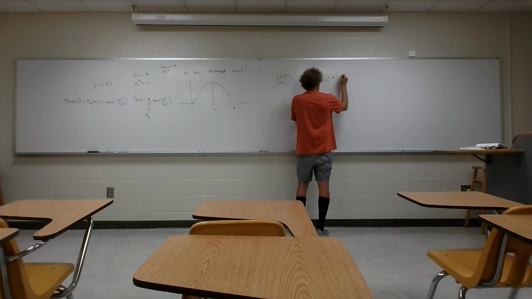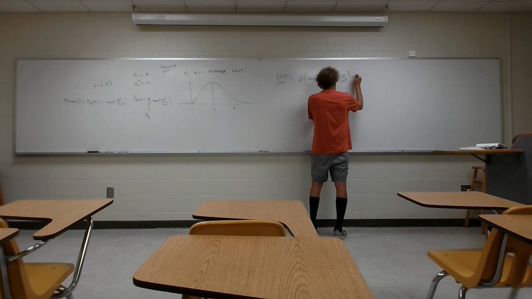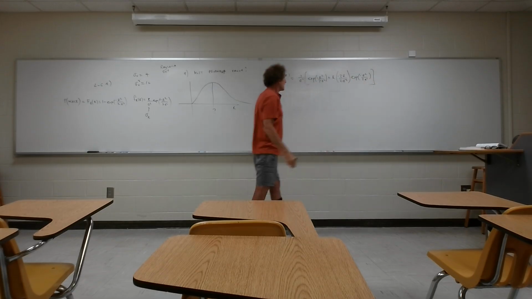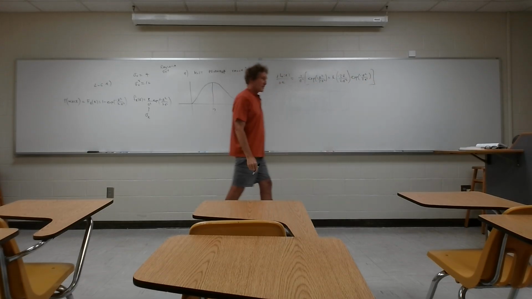That means it's going to be minus 2r over 2 sigma squared, times exp to the minus r squared over 2 sigma squared. And that whole thing is set equal to 0 to find the maximum.